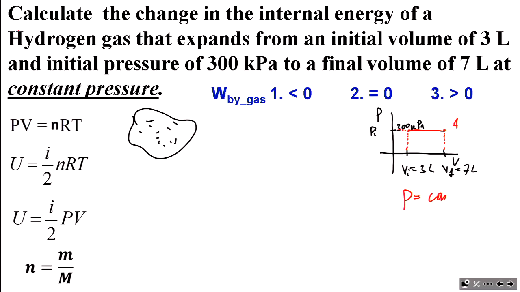So specifically, when pressure remains constant, to calculate work, we have to just multiply the pressure and the change in the volume. And if the final volume is greater than initial, that change will be positive. That's it.